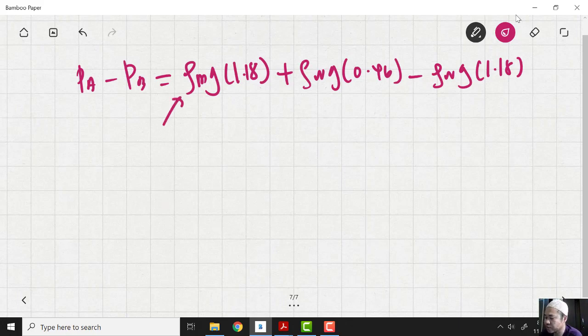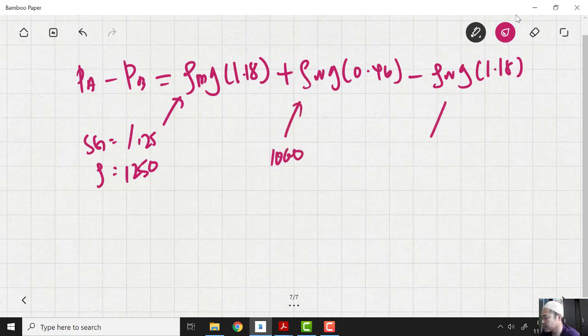Okay, so we can solve the rho. They have given the manometric fluid as SG 1.25, so you need to find the rho. The rho is equal to 1250. Rho water is 1000, here also 1000. G is 9.81. So you can find the value of PA minus PB.